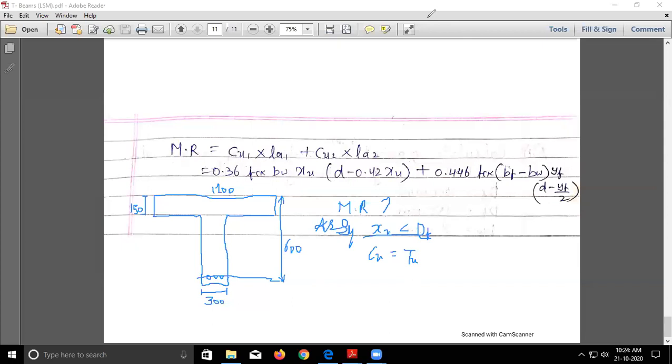Yes, anyone got the value? Okay, Mahfouz is saying 39.38. Anyone else? Just confirm this value.